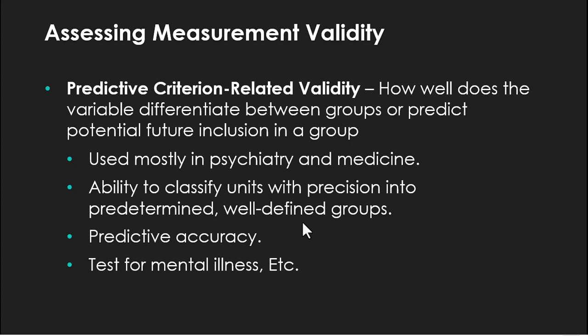So again, this is used mostly in psychiatry and medicine, and it uses predetermined well-defined groups and then uses this to test to see if our new measurement is valid. So an example of this might be if we know some people have depression and we know some people don't, we can use a new measurement of depression to see if we can clearly distinguish between the people who we know have depression and the people we know that don't.